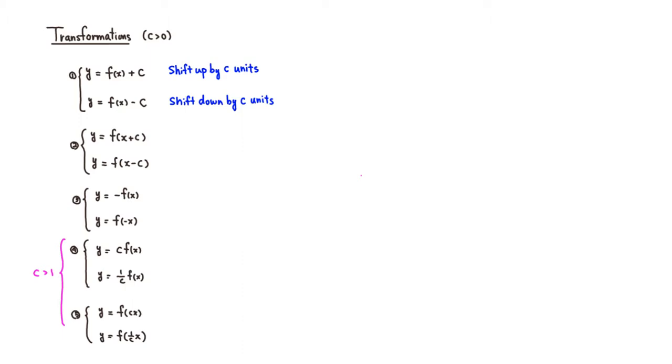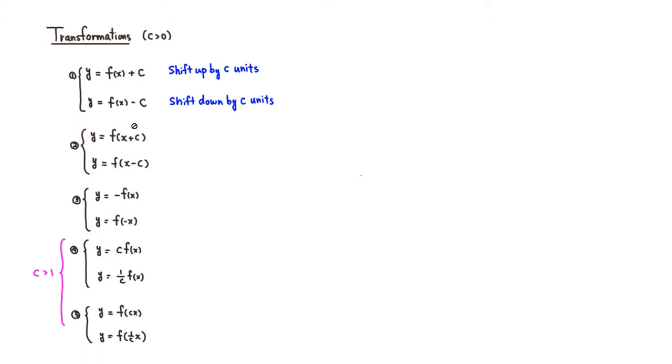Next one. What if you add c or subtract c inside the parentheses? These are a little bit counterintuitive, but these are going to be a horizontal shift. When you add c, you are actually moving to the left, and if you subtract c, you're moving to the right.